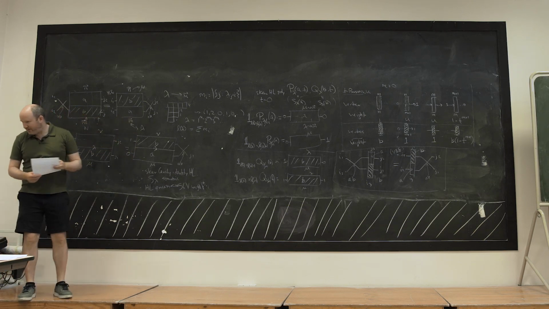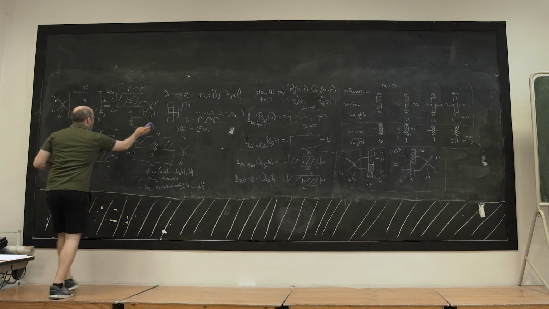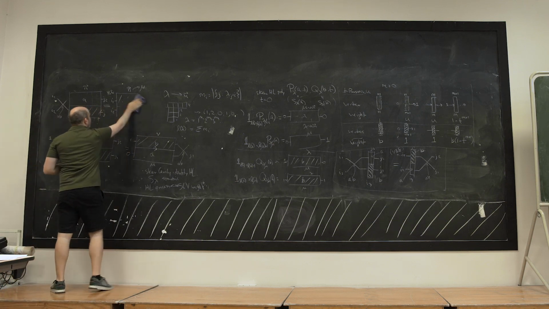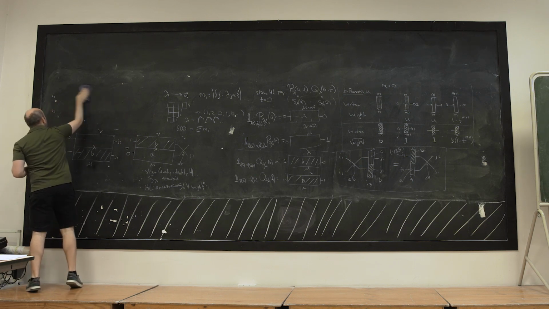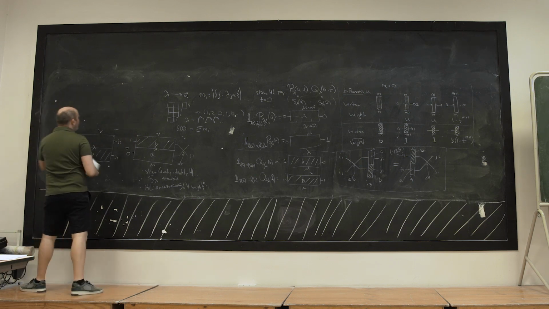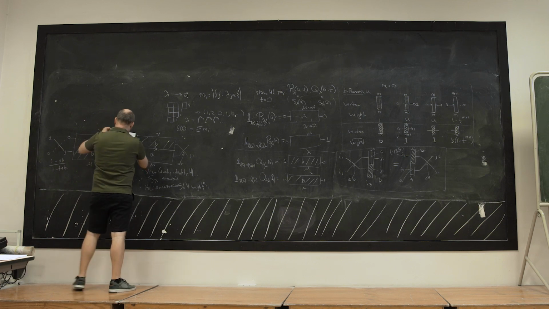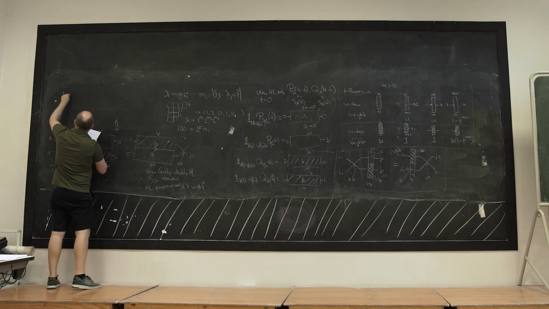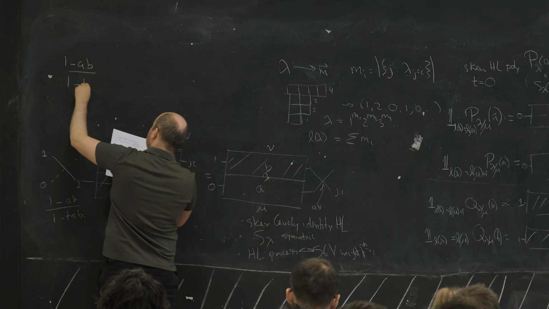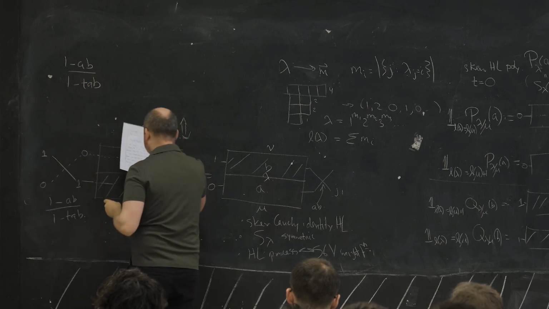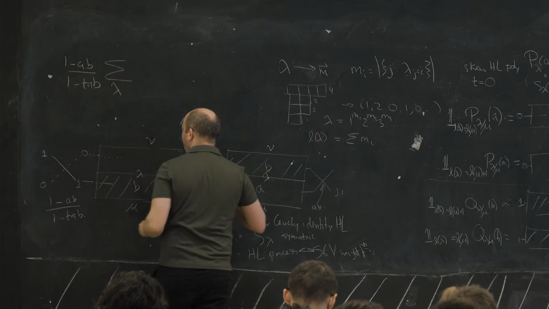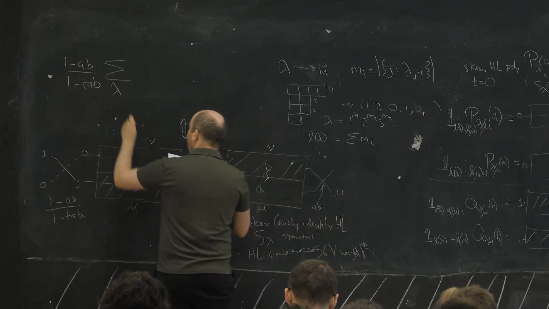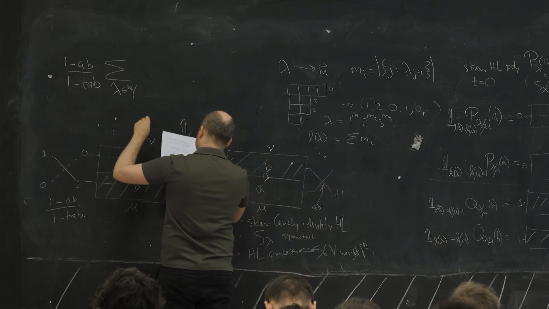I'm going to erase what's up here. So this picture, this Yang-Baxter equation, is equivalent now to the following thing. So this is the weight of the cross. It sounds almost religious. And I sum over my intermediate partition lambda. So this is just a partition.